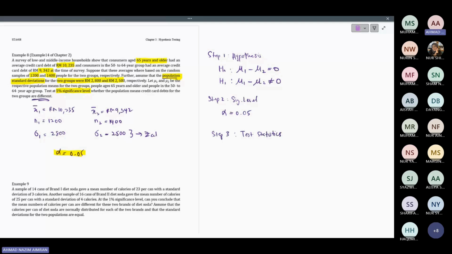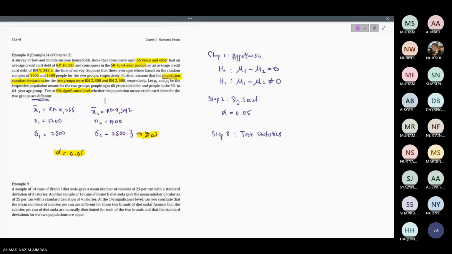For the test statistic, what is important is you need to know whether to use the one population formula or the two populations formula. In our case, we have two populations. One group is 65 years old and older, and the other group is 50 to 64 years old. We want to know whether these two groups have equal or unequal household debt.